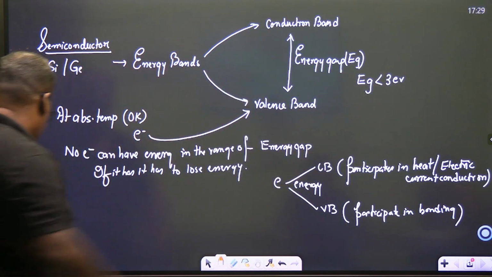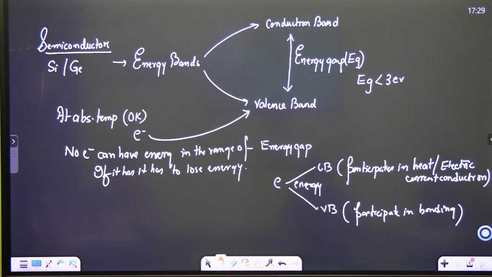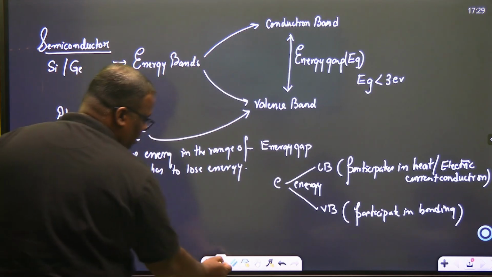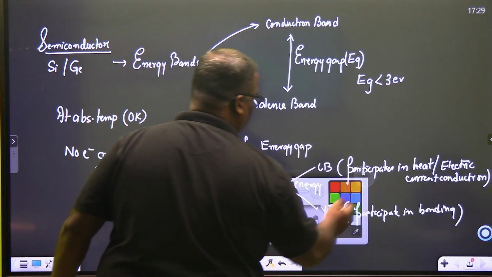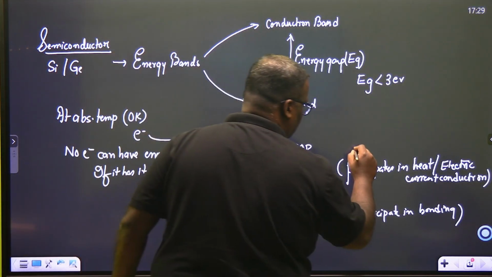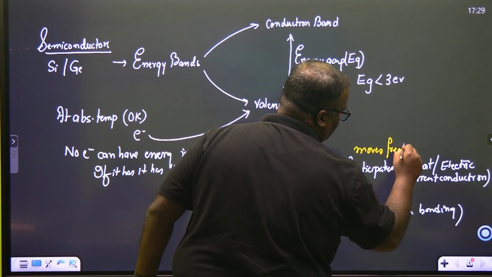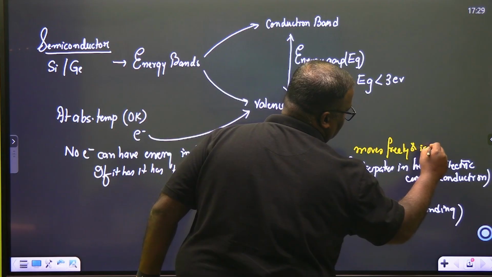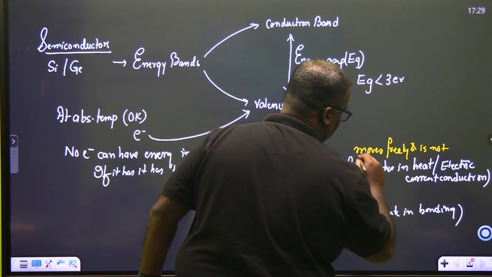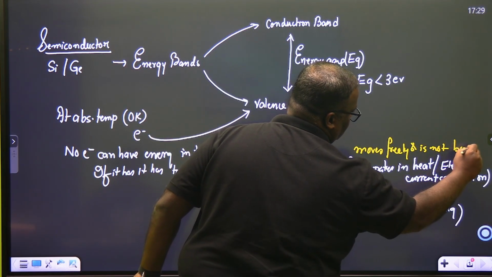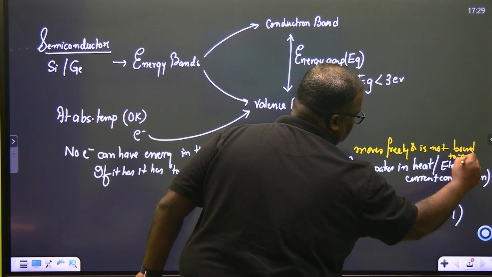Just check this if there is anything that you have not understood. Yeah, one more word we will write, that if you are in the conduction band, the electron moves freely and is not bound to the nucleus.